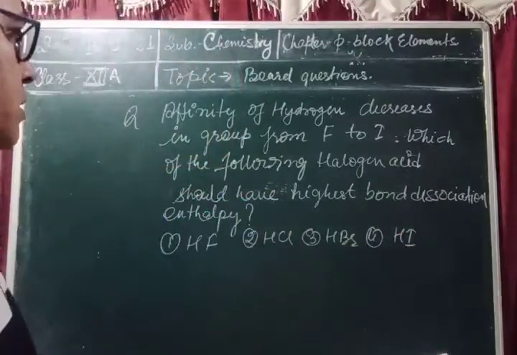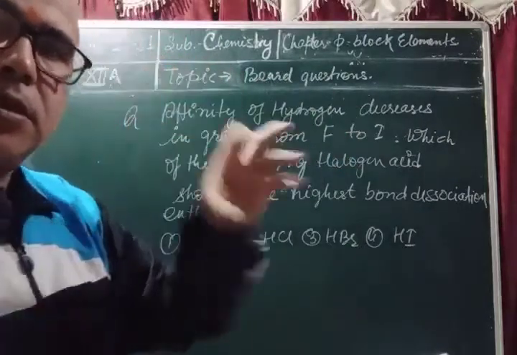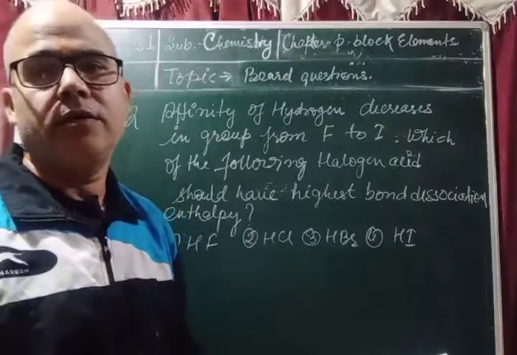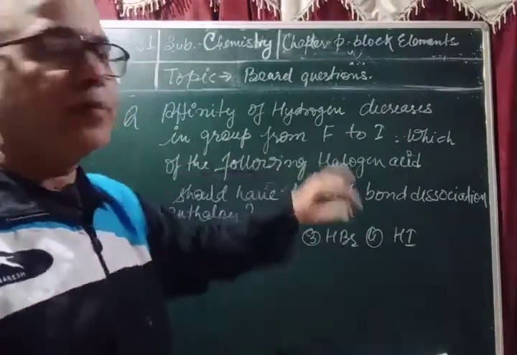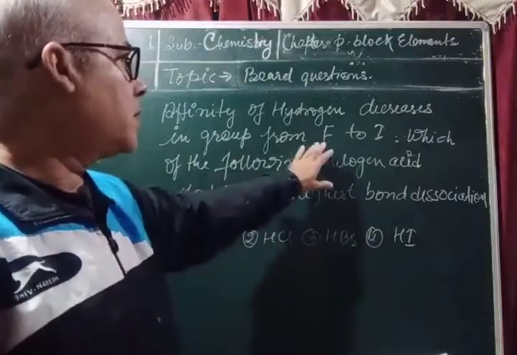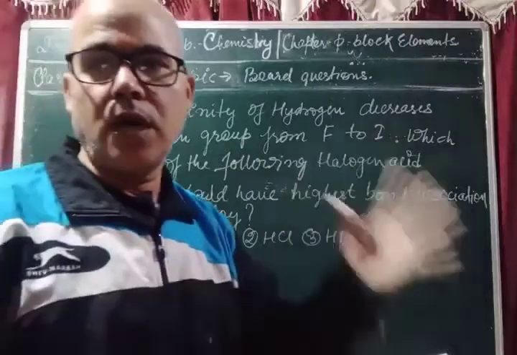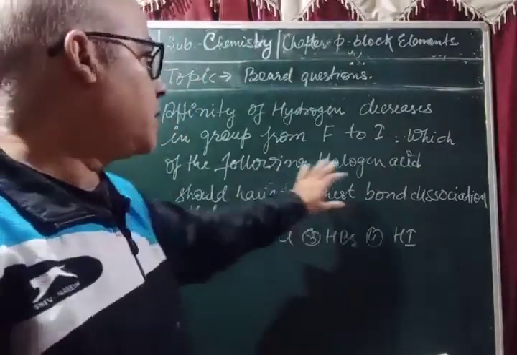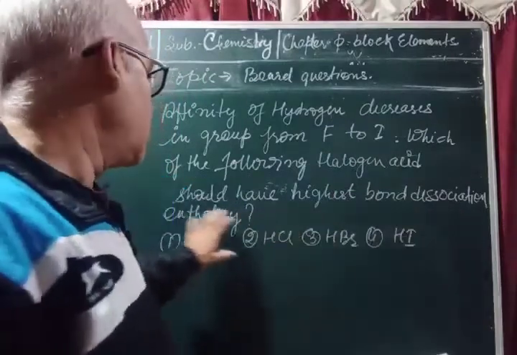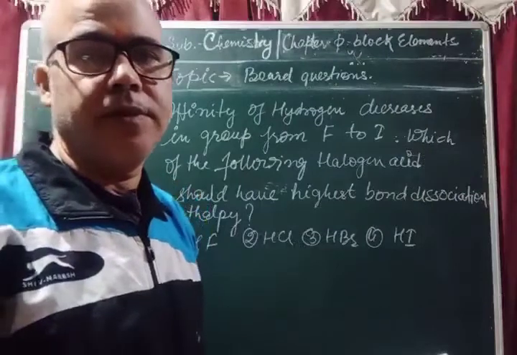Student, here is the question. Affinity of hydrogen means attraction toward hydrogen, decreases in group from F to I, means fluorine to iodine. Which of the following halogen acid should have highest bond dissociation enthalpy?